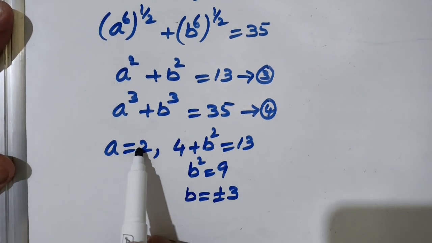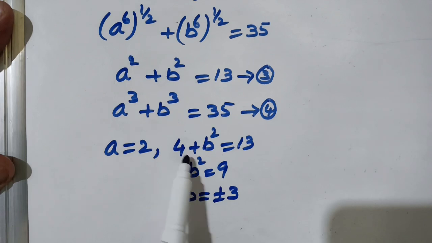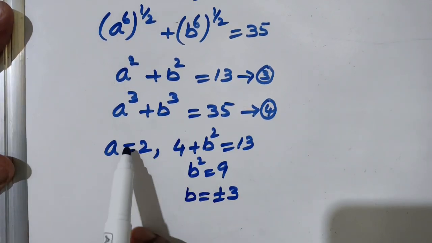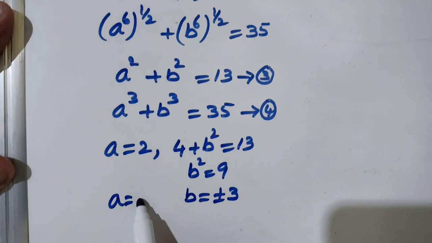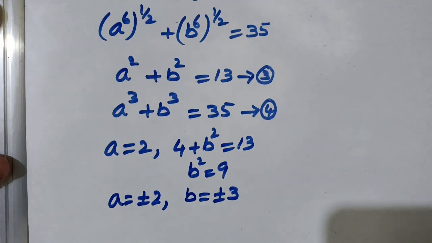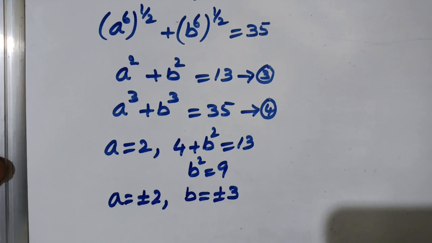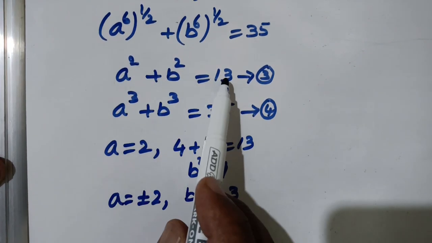And by taking a is equal to minus 2, it becomes plus 4 again, and I get the same answer. So not only for a is equal to 2, even for a is equal to minus 2 the same values we get for b. So a is equal to plus or minus 2 gives b equal to plus or minus 3. I have substituted and verified it.